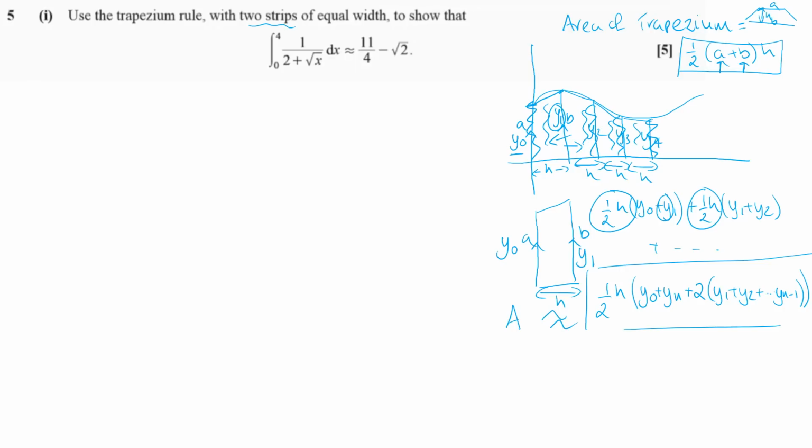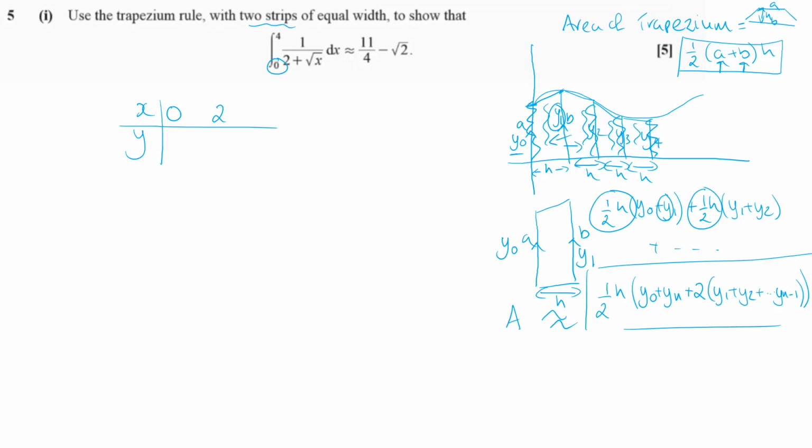So let's try and apply that to this here. We've got a function going from 0 to 4, trying to find the integral of 1 over 2 plus root x. We're being asked to use the trapezium rule with 2 equal width strips. So let's have a little look and draw some x, y coordinates to see what's going on with this function. We have from the beginning of our function 0 and then 2 strips.